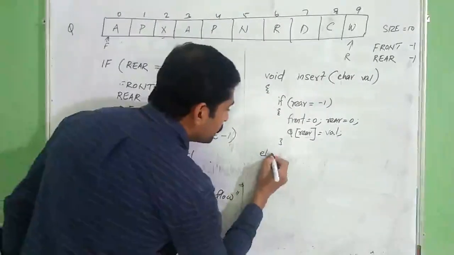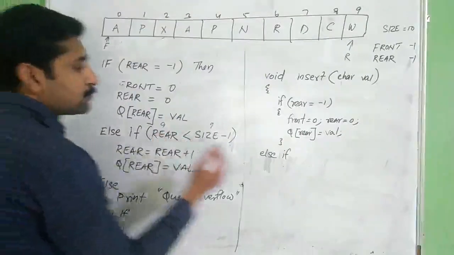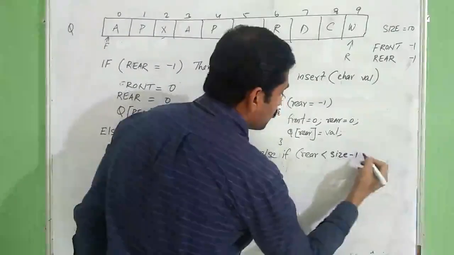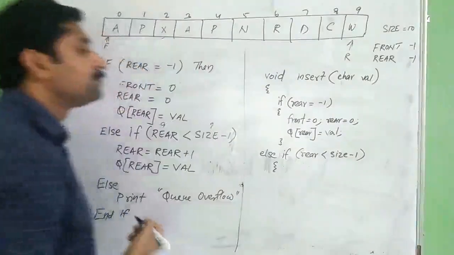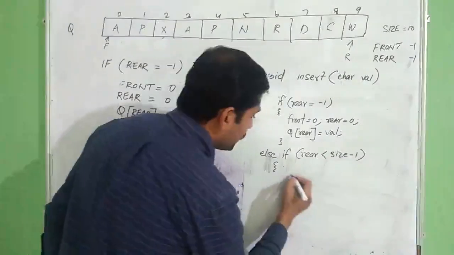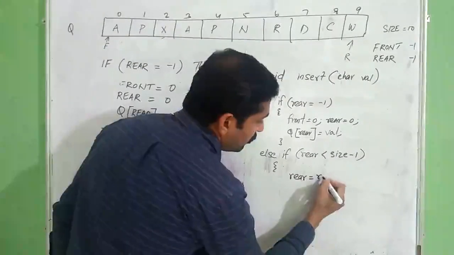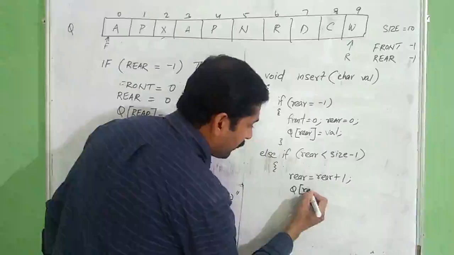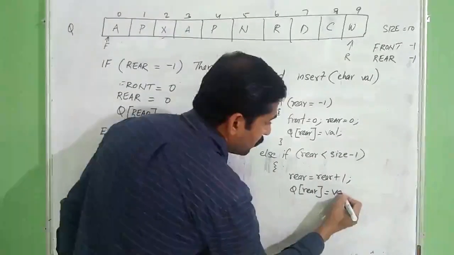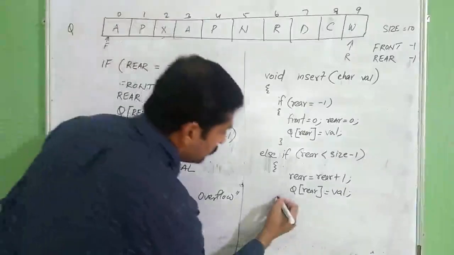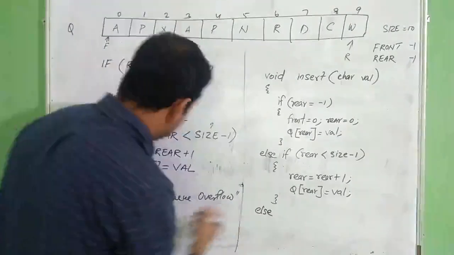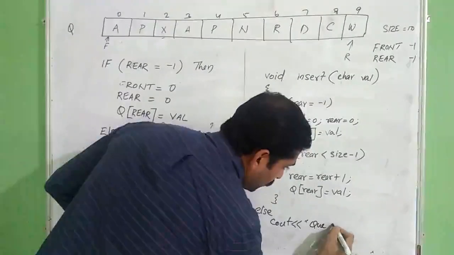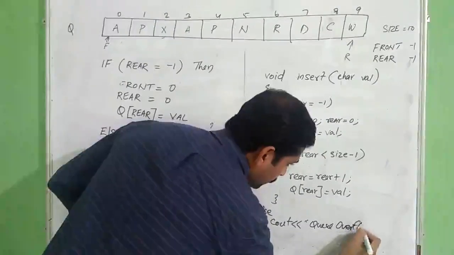Else, if rear less than size -1, then rear equal to rear plus 1, q of rear equal to value, else cout Q overflow.